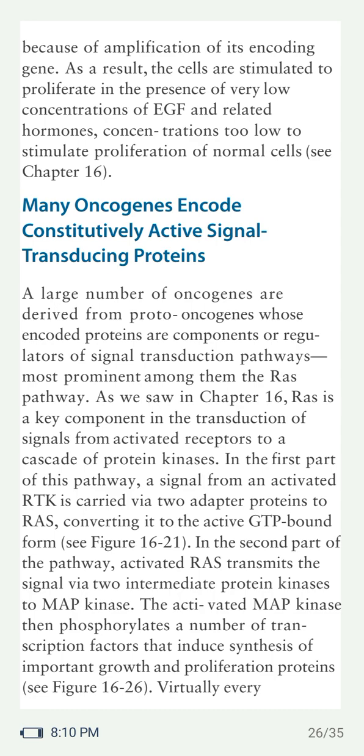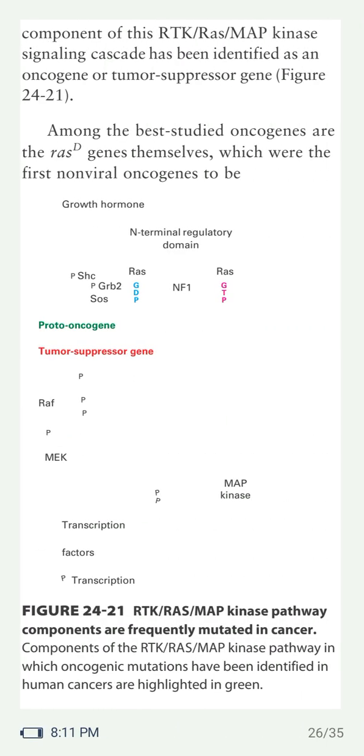In the second part of the pathway, activated RAS transmits the signal via two intermediate protein kinases to MAP kinase. The activated MAP kinase then phosphorylates a number of transcription factors, which induce synthesis of important growth and proliferation proteins. Virtually every component of this RTK-RAS-MAP kinase signaling cascade has been identified as an oncogene or tumor suppressor gene.